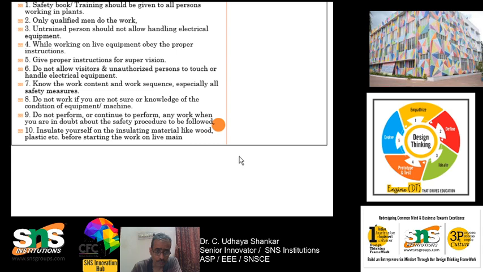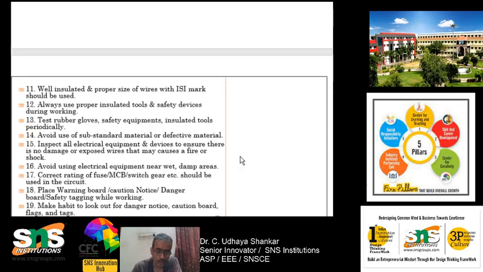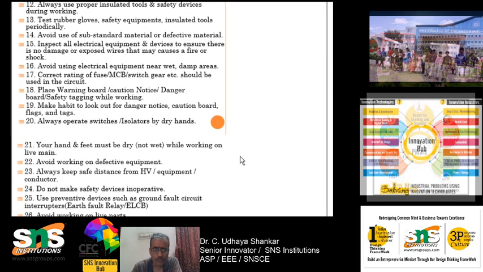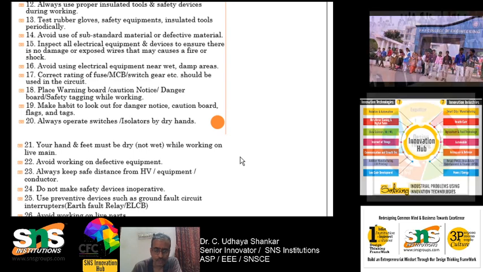Do not perform or continue to perform any work when you are in doubt about the safety procedure to be followed. Insulate yourself on insulating material like wood, plastic, etc. before starting to work on the mains. Also, well insulated wires of proper sizes with ISI mark should be used. Always use proper insulated tools and safety devices during the working.